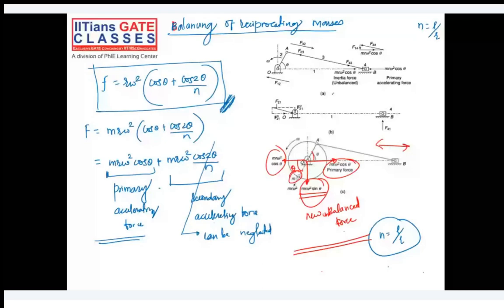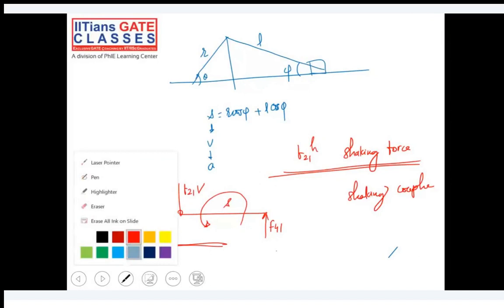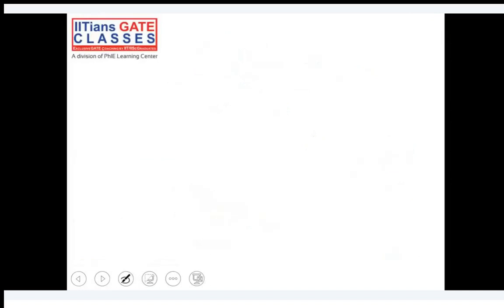Yes, so m r omega square cos theta is our unbalanced force, right? But you can somewhat balance it by using c m, a fraction of the mass.